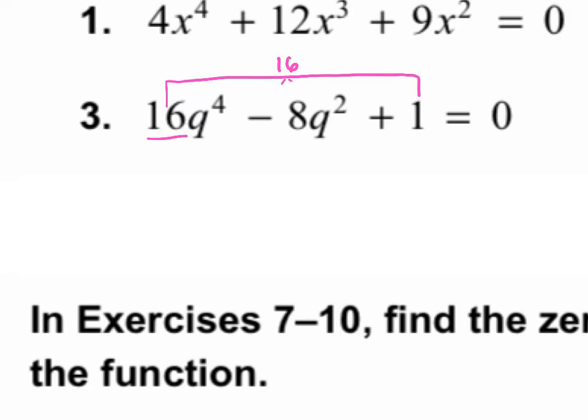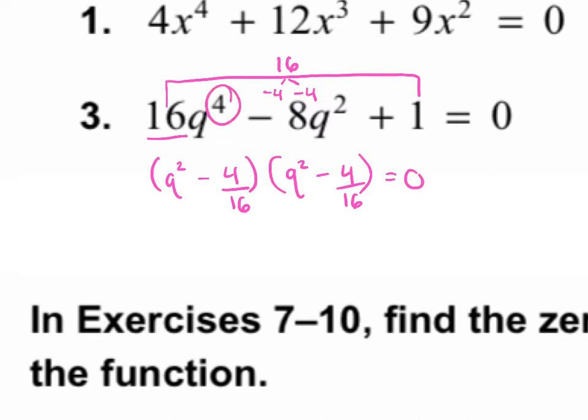Now what are 2 factors of 16 that add to negative 8? Negative 4 and negative 4. So what's going to go into our parentheses? Perfect. Awesome. And the same thing, q squared minus 4 over 16.